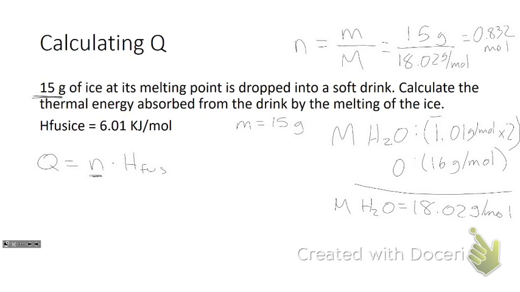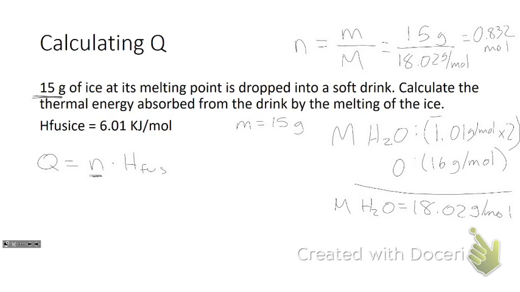I would have included all those decimal places because this is an intermediate number. Never round your intermediate numbers, because it's going to affect your final answer. You can either store that into your calculator or just leave it as is.